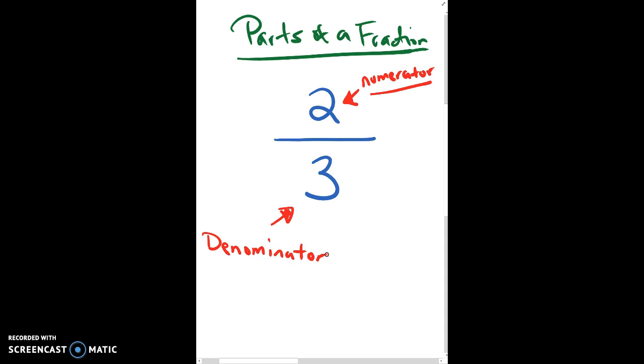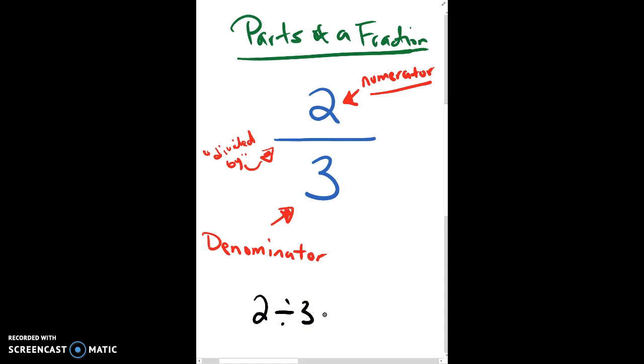Keep in mind that I would like to teach that this bar means divided by. What this fraction means is, all it's saying is 2 divided by 3.